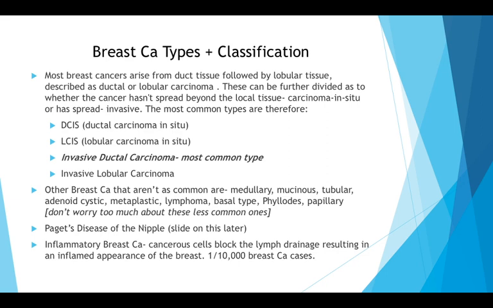So those are the 4 types: ductal carcinoma in situ, lobular carcinoma in situ, invasive ductal cancers, which are the most common type, and invasive lobular carcinomas. There are other types of breast cancer listed there, but I wouldn't worry too much about those. We've also got Paget's disease of the nipple, which I'll cover later on towards the end of this presentation, as well as inflammatory breast cancers, again, not very common, 1 in 10,000.